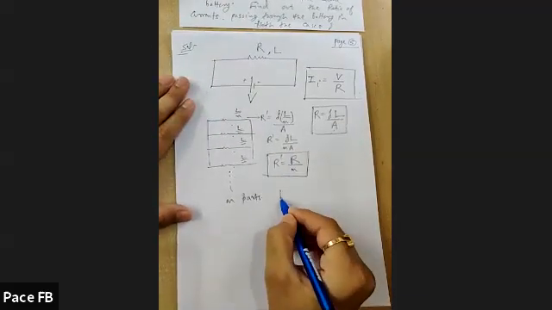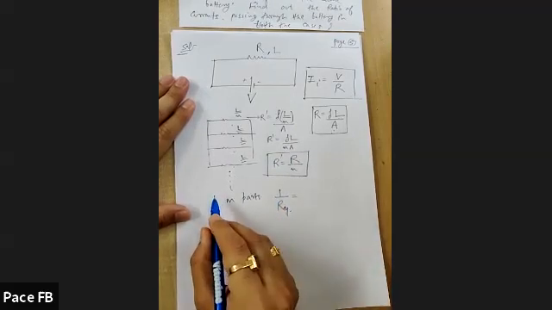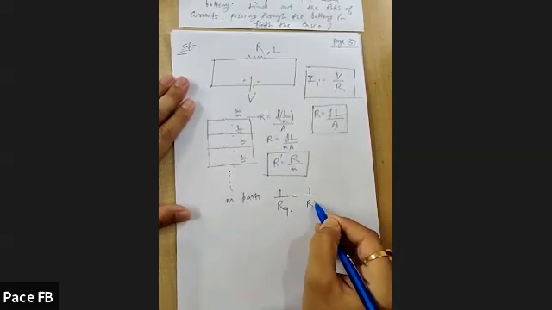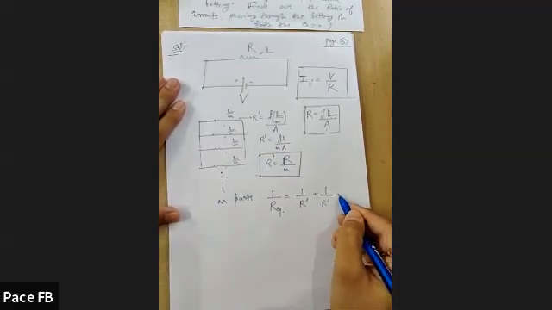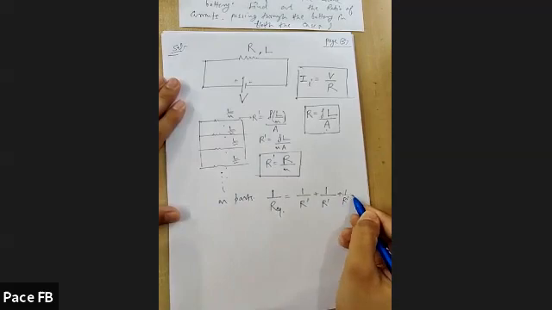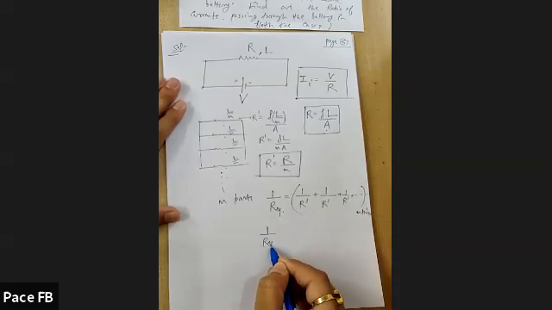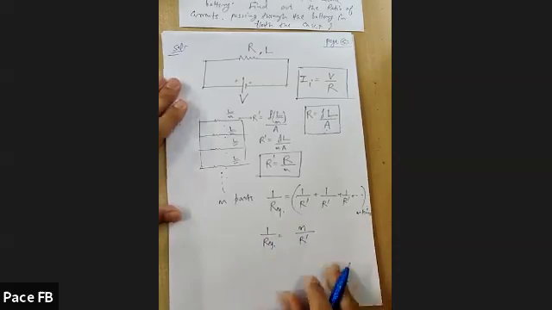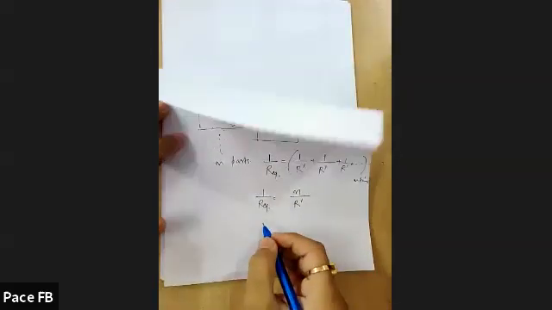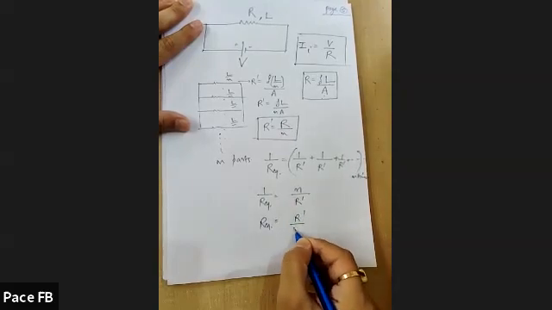So what would be the 1 upon R equivalent? 1 upon R equivalent of these n resistors would be 1 upon R dash plus 1 upon R dash plus 1 upon R dash, and so on up to n times, as all of them have the same resistance. Correct? So 1 upon R equivalent can be written as n multiplied by 1 upon R dash. So R equivalent would be R dash upon n.